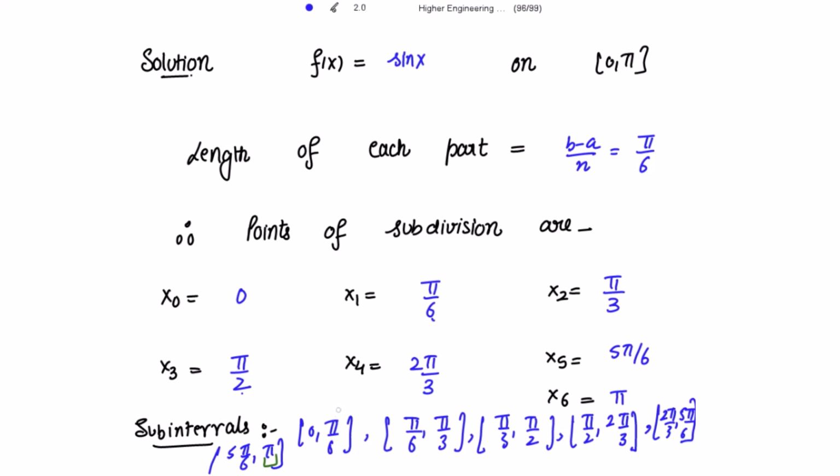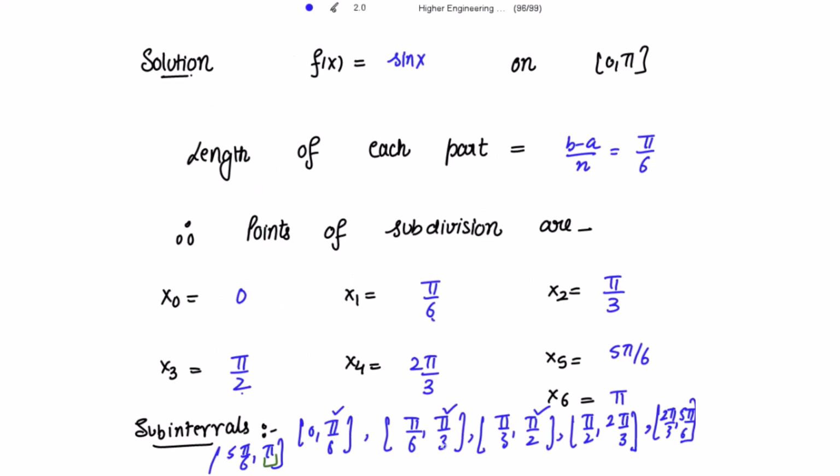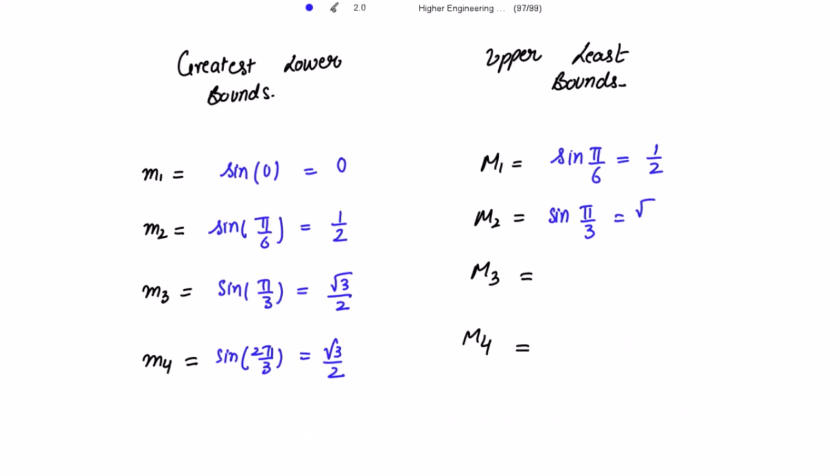For that we take this value of x for capital M1, for capital M2 this, for capital M3 this. So capital M1 becomes sin of pi by 6, that is 1/2, and then we take pi by 3 for M2, that is equal to square root 3 divided by 2, and capital M3 is sin of pi by 2, that is equal to 1.